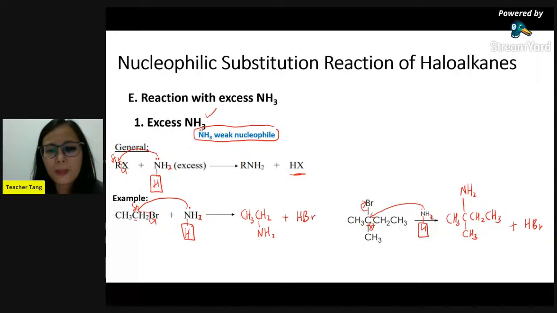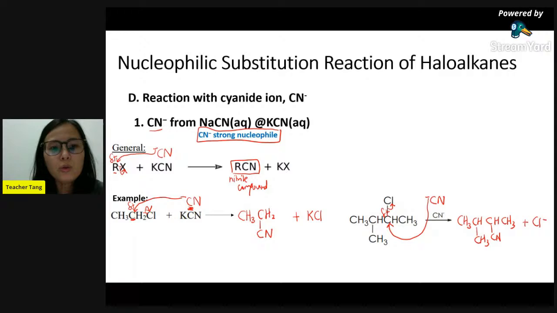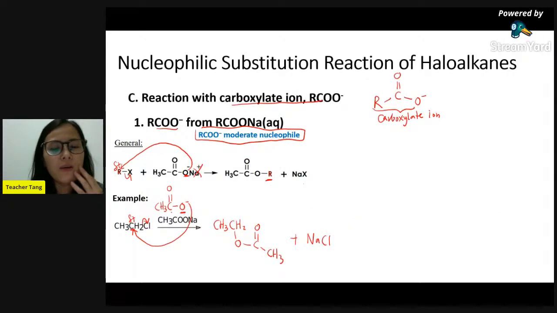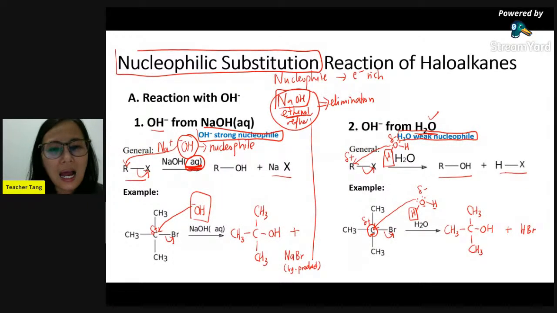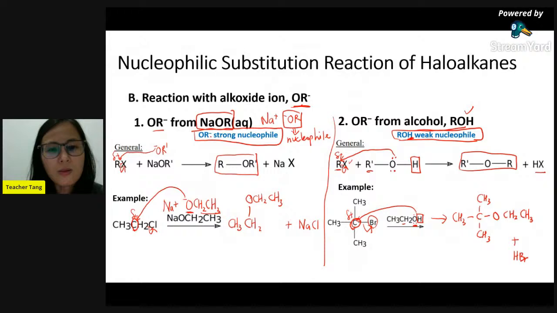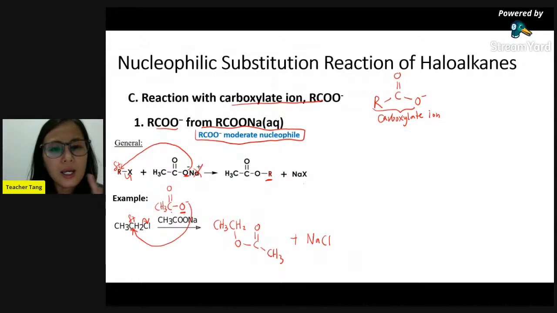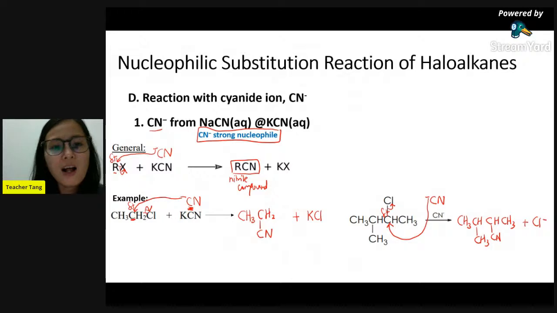Okay, and then you need to know those with negative charge, they are strong nucleophile. For example, hydroxide ion, alkoxide ion. Okay, so only your carboxylate is the moderate nucleophile. Your cyanide ion, so they are negatively charged, so they are strong nucleophile.